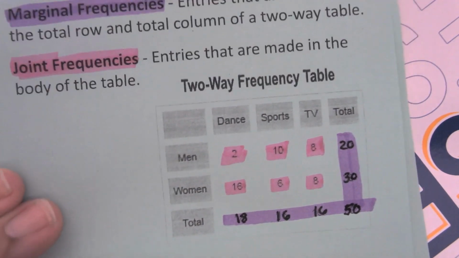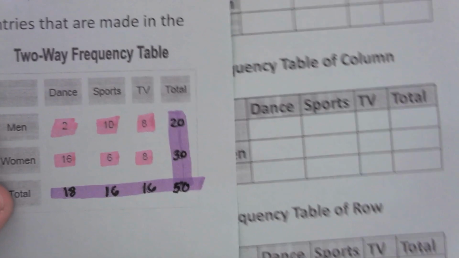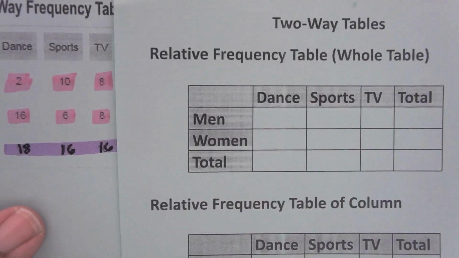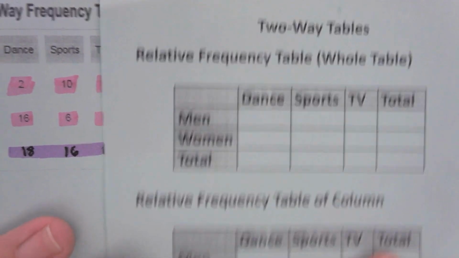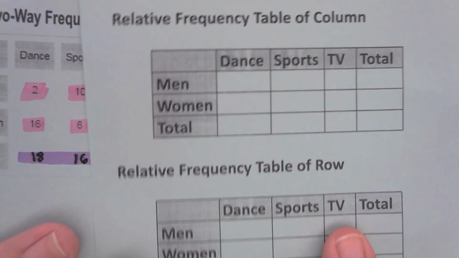So if we look on this next page, we're going to be creating a relative frequency table, which is a whole table, and then we're going to do it by column, and then we're going to do it by row. So we're going to do 3 different types.